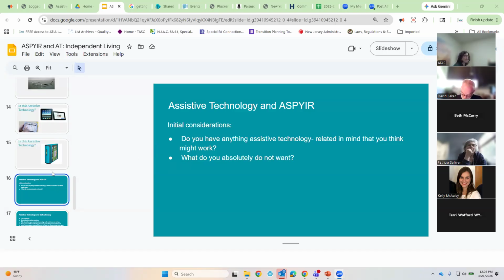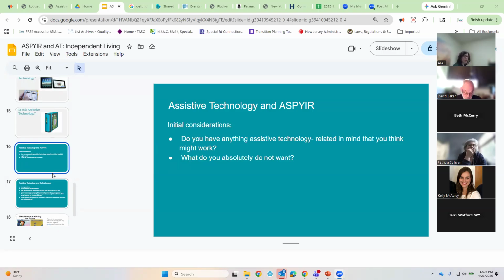Because we went through some ideas of what assistive technology could be before, we want to remind people that assistive technology may already be at your fingertips and you might not have realized it or might not have realized the different ways in which the same AT, the same type of AT devices and tools can be used for different things.